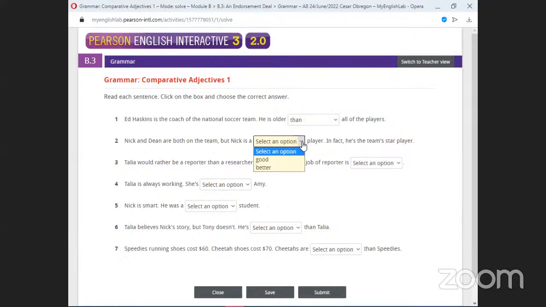Nick and Dean are both on the team, but Nick is a better player. In fact, he is the team's star player. Talia would rather be a reporter than a researcher. She thinks that the job of reporter is more exciting. Talia is always working.